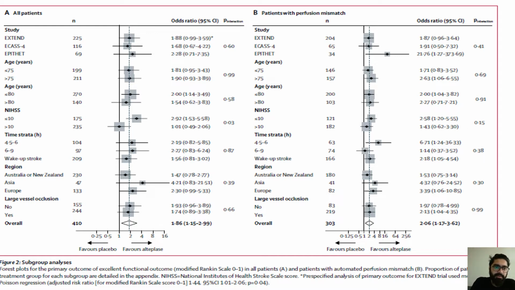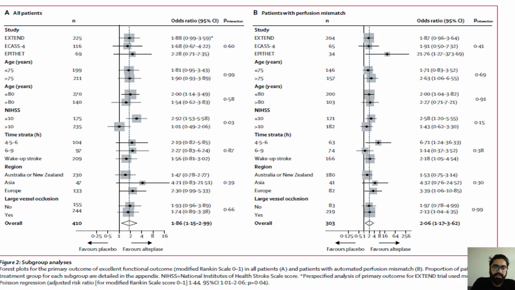That was whether it benefits or not. It did not either highly favor the intervention, neither did it favor the placebo. Time strata, when they divided it 4.5 to 6 hours, 6 to 9 hours, the interventional arm was definitely having more benefit.